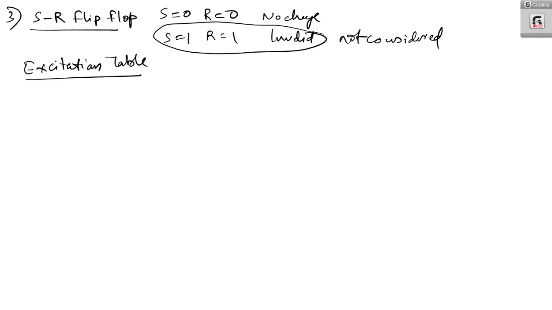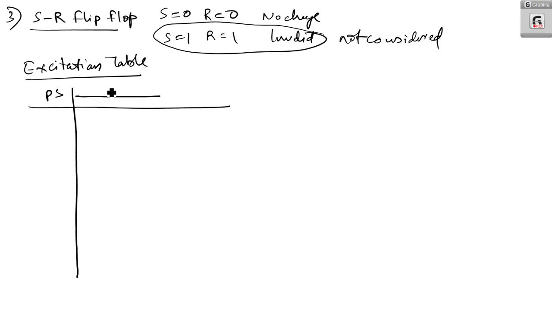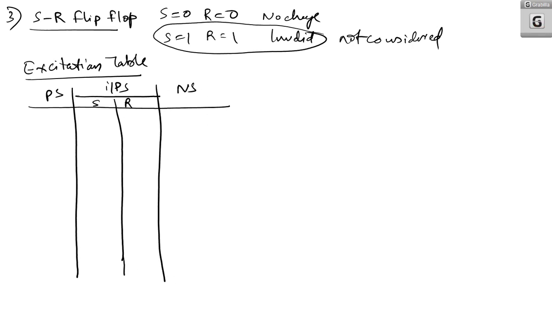Okay. If I am drawing the excitation table, I am having present state, inputs. There are two inputs. Which are they? That is S and R. And what is the output or next state? Next state.